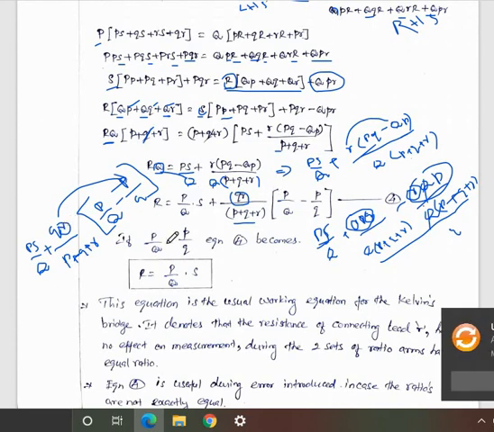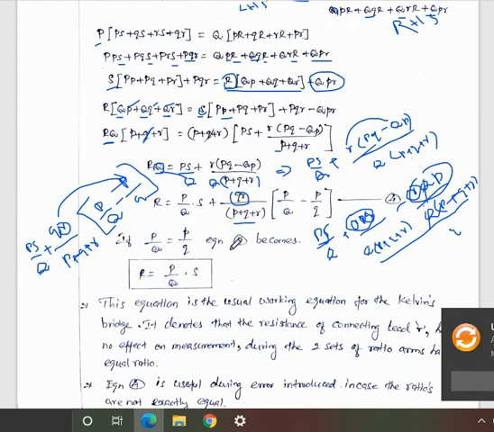So here we will get an equation: small q into small r divided by small p plus small q, plus r into capital P divided by q minus small p divided by small q. You can call it equation number 4; we just have to give an order number.